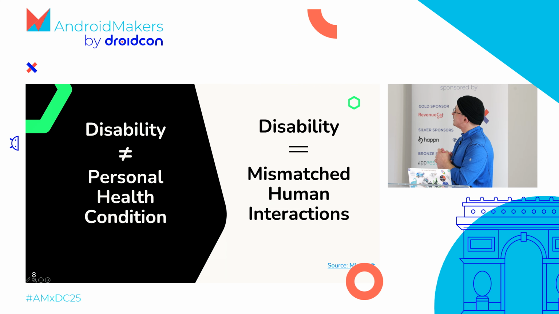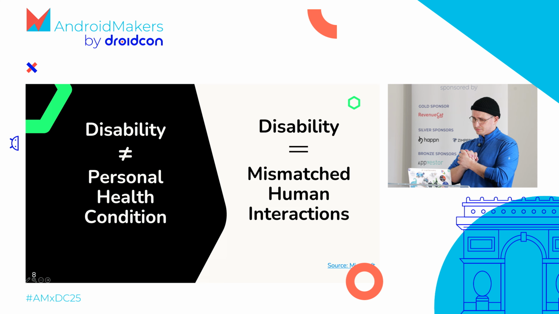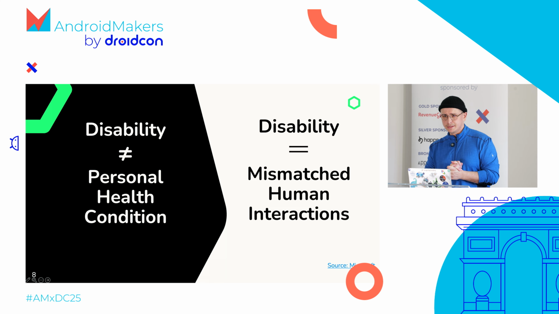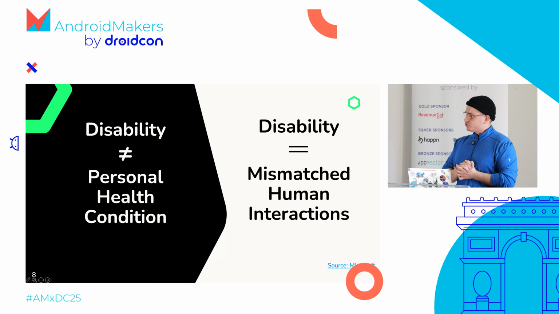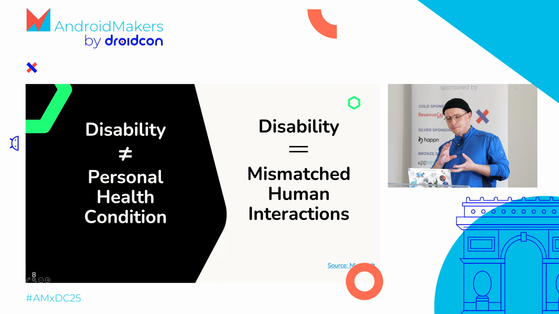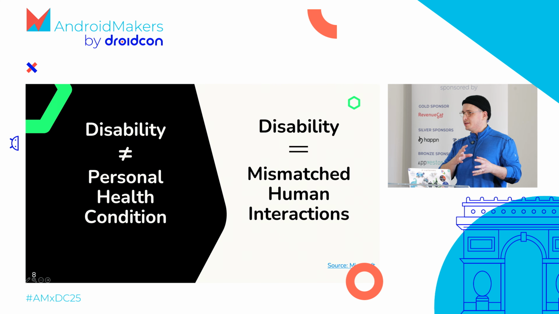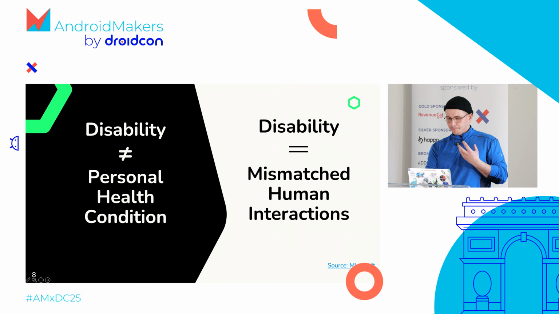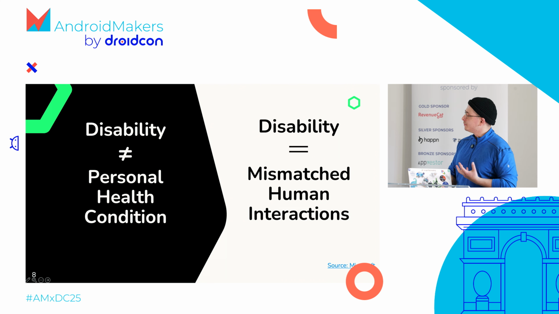Okay, so I borrowed this idea from Microsoft. Actually, they have an amazing guide for inclusive design, and they are challenging the traditional view of disability. Disability is not a personal health condition, it's just a mismatch of human interaction, meaning that it occurs when people's abilities do not match the environment they're in. We can take the example of a deaf person who doesn't hear.